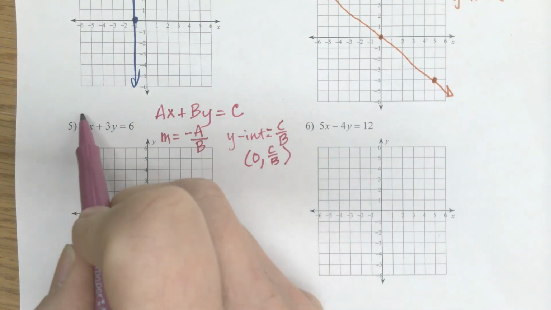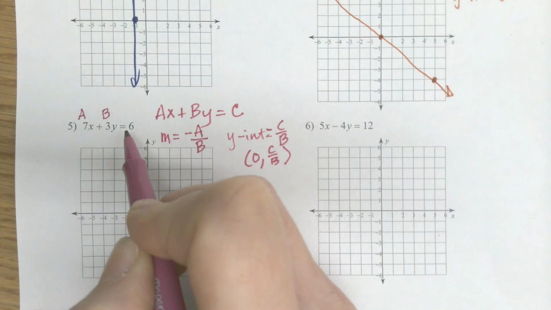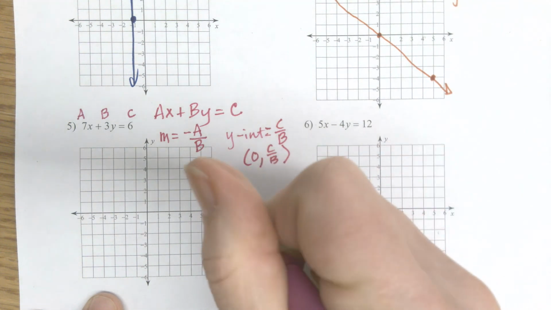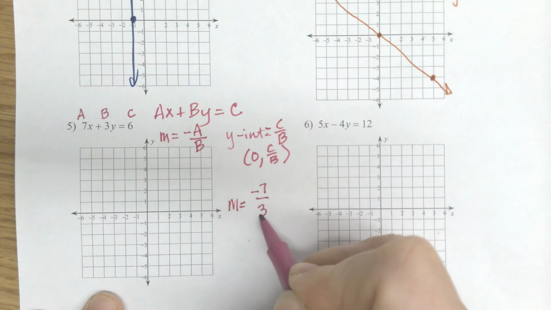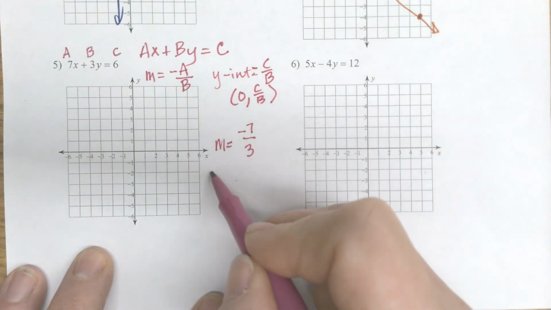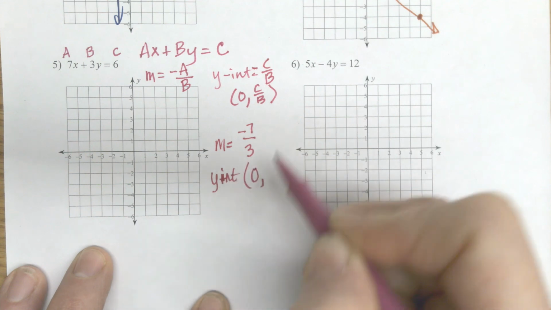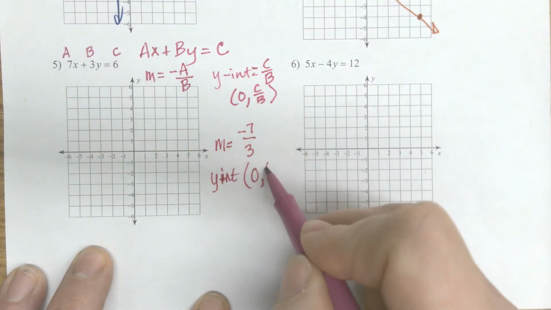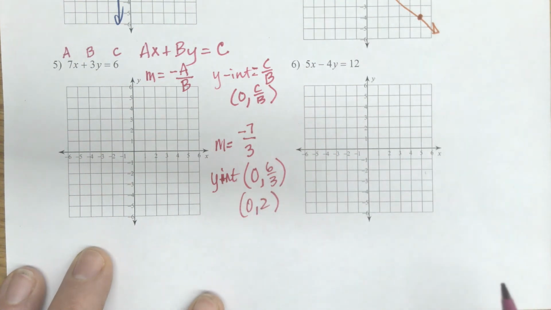So if I look at problem number 5, 7 is A, 3 is B, 6 is C. So if I write my slope, I do the opposite of A over B. And my y-intercept, which is 0, comma, c over b, I'll do 6 over 3, or I can write that as 0, 2. In fact, that's the easier way to look at it.